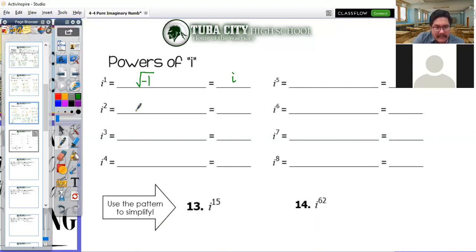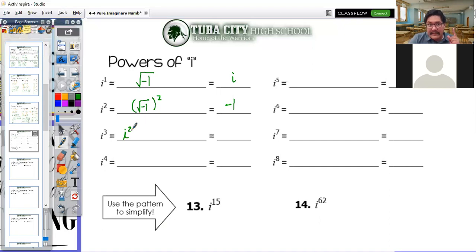And then here is where it starts getting a little bit weird, because as we get higher and higher with these powers, we're going to have to do some breaking down. Now, you could also make a chart of this and it would be a little bit easier. Well, actually, this thing we're working on right here is the chart. So I'm going to break it down into i squared and plain old i.